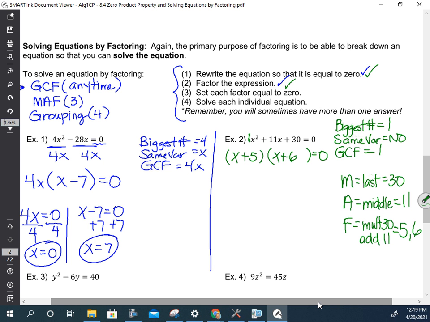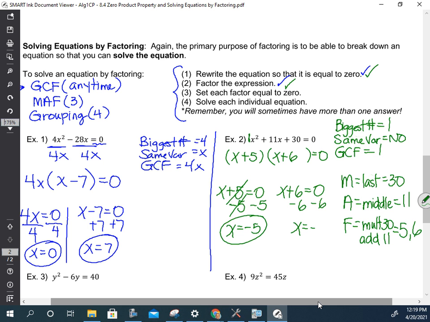It's factored, so we split it apart. Subtract 5. X equals negative 5. Subtract 6. X equals negative 6.